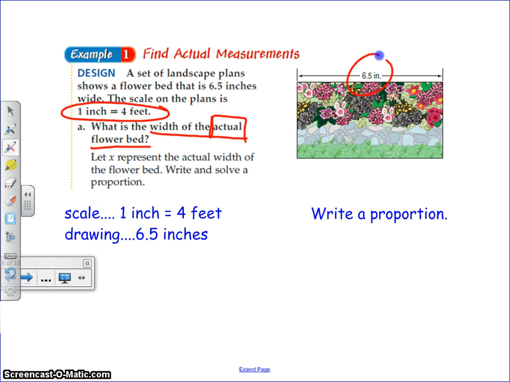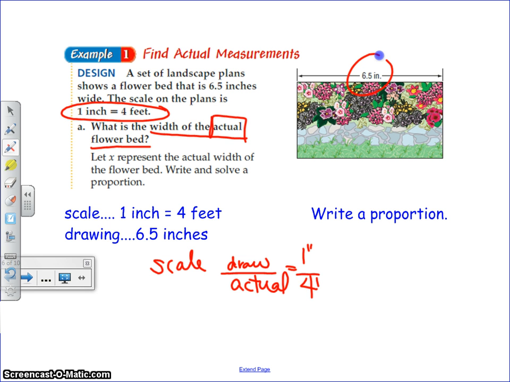Okay, so we're going to set up a proportion. We're going to look at our two ratios. Remember we said scale was the drawing or model over the actual. So the scale here is 1 inch is actually 4 feet in real life.